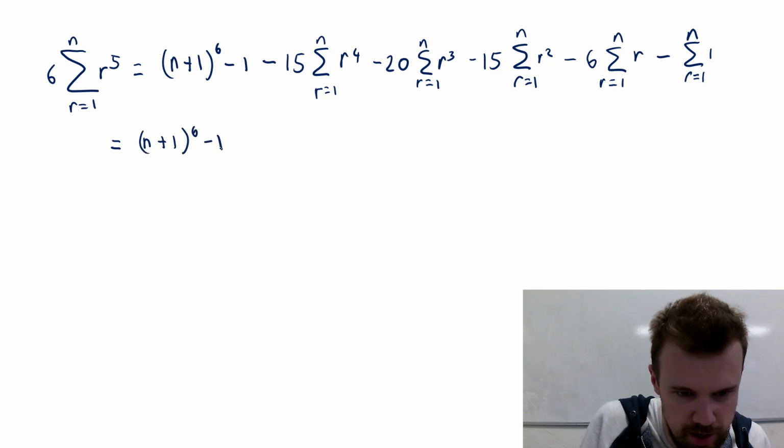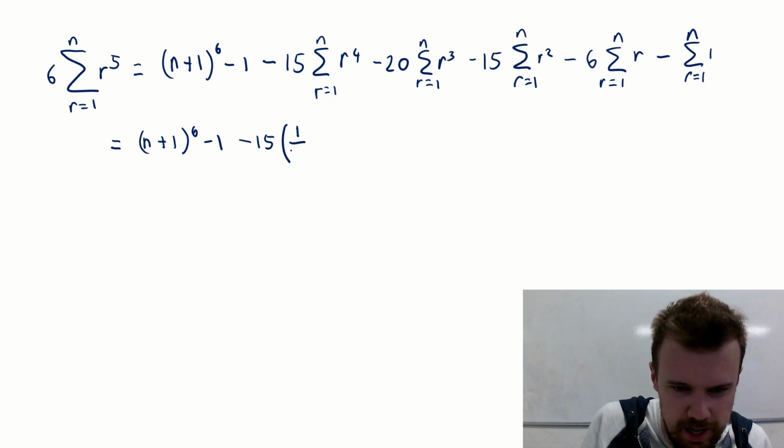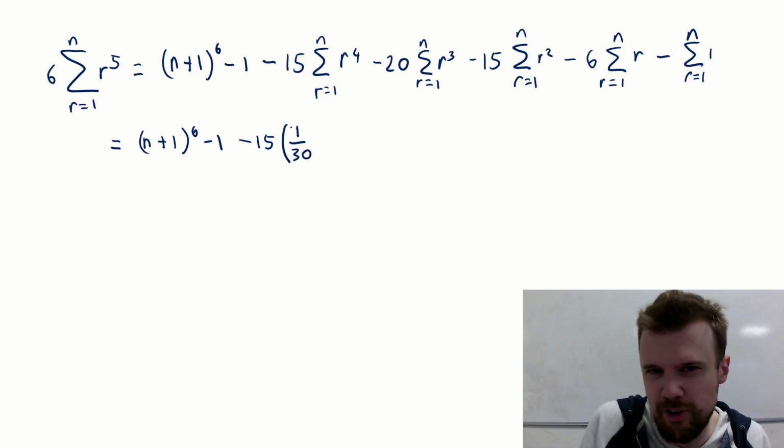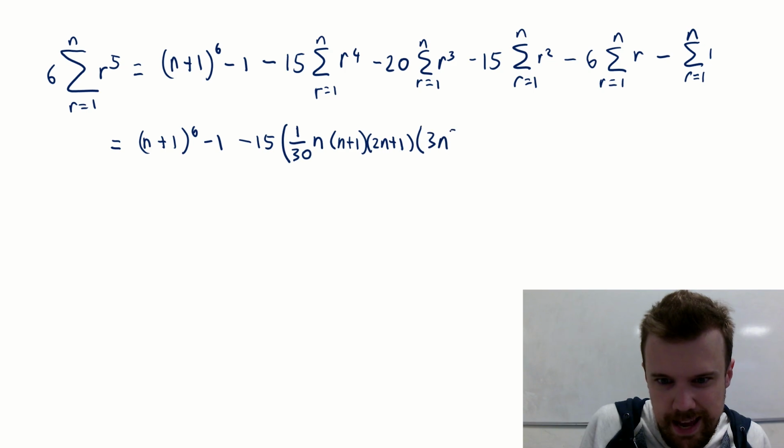Otherwise, it will be a lot of effort. It already is going to be a lot of effort, but it'll be even more effort. So the series formula for r to the power of 4 is, looking at my own notes, because I can't remember this one off by heart. Actually, I still can. It's just the fraction out the front that I can't remember. n plus 1, 2n plus 1, and then it's the quadratic of 3n squared plus 3n minus 1.